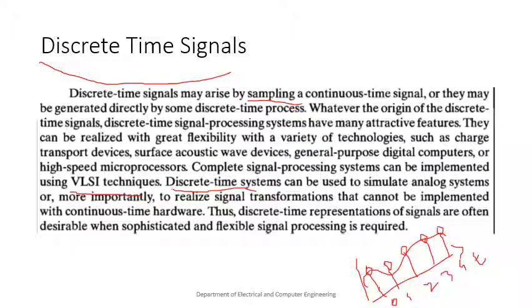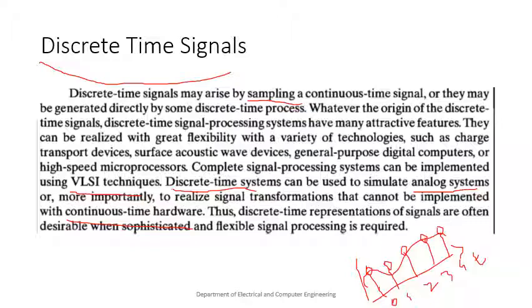The point here is to make you understand that a discrete time system can be used to simulate analog systems, because it is very difficult to make analog systems. We can simulate an analog system using discrete time systems to realize signal transformations, which is very difficult with continuous time hardware.